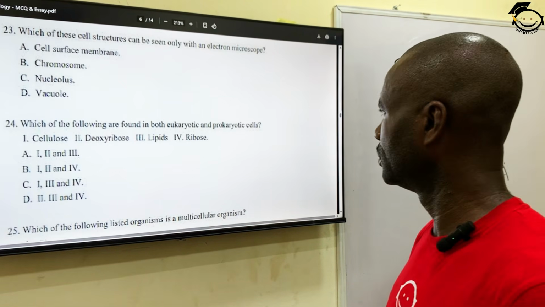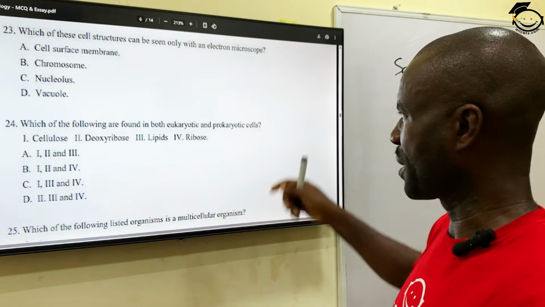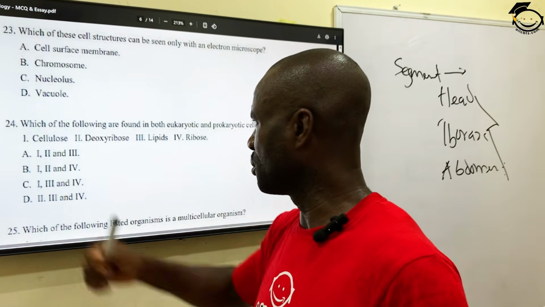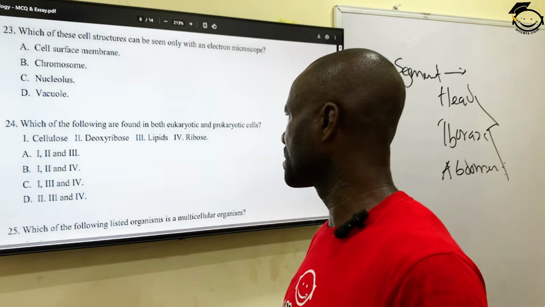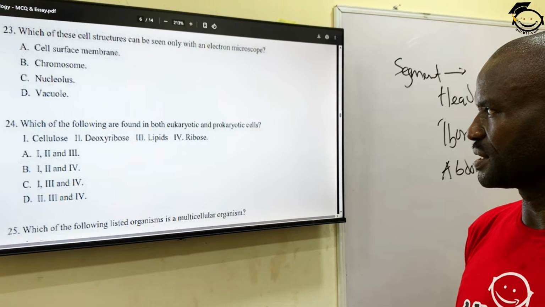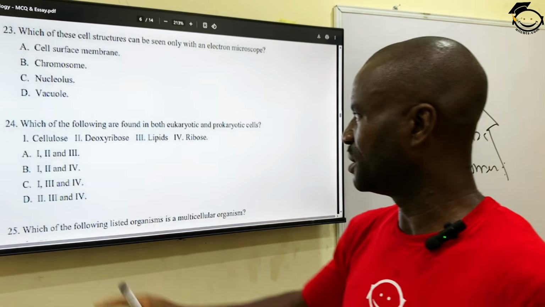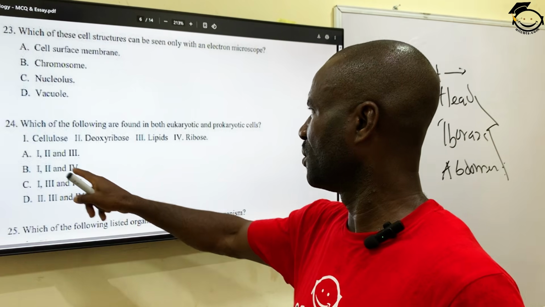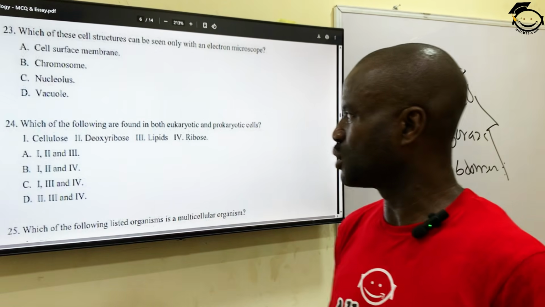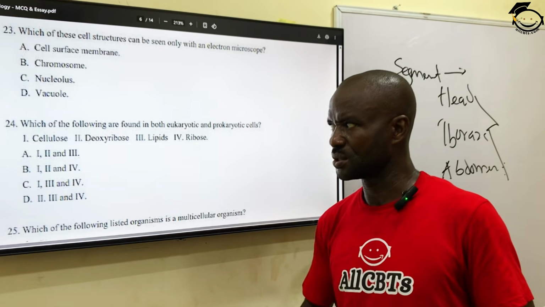And 4, ribose. So the odd among them is lipid, which is 3. A, 1, 2, and 3, which is no. B, 1, 2, and 4. So the correct answer is 1, 2, and 4, which is cellulose, deoxyribose, and ribose.